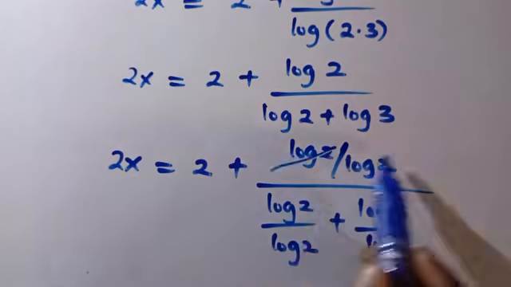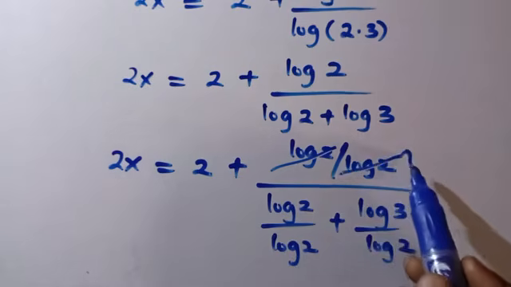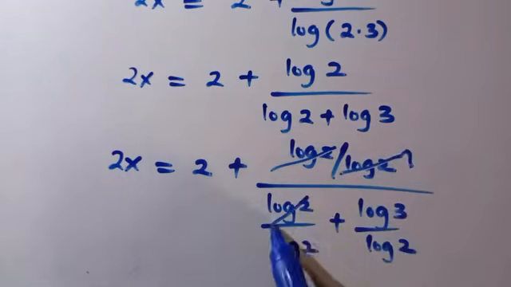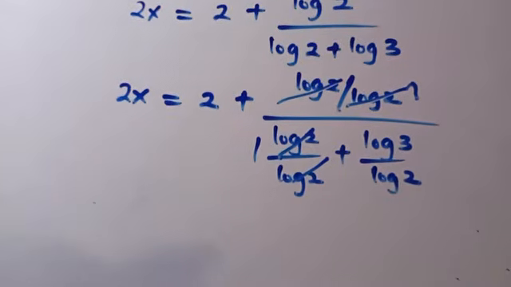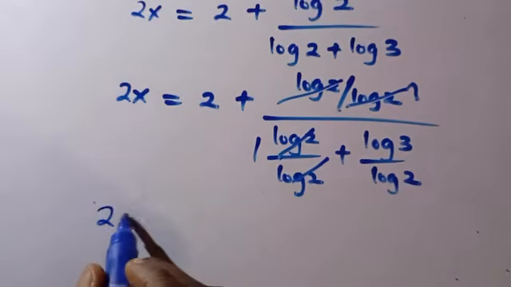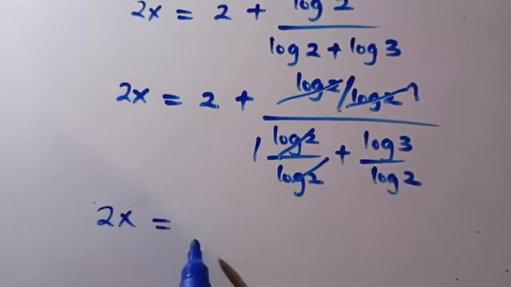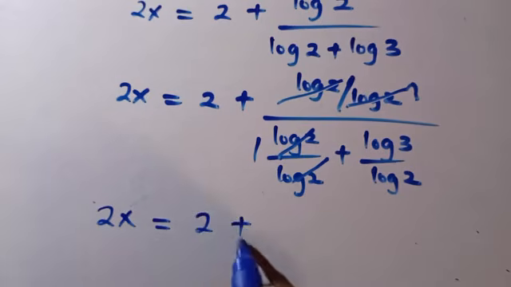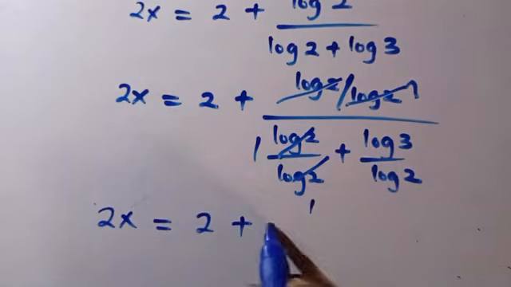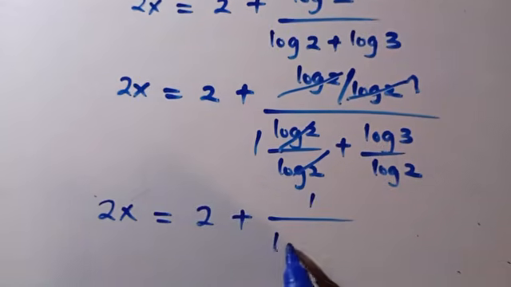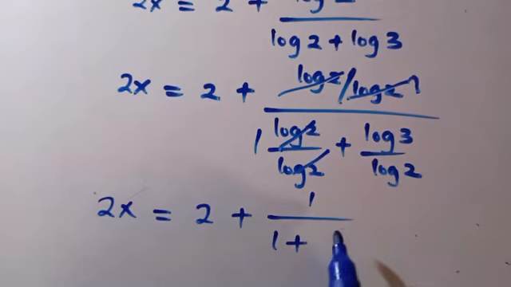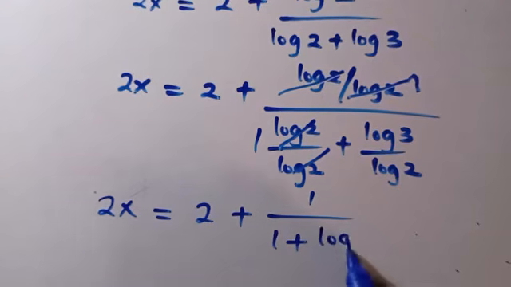Here log 2 cancels log 2, we have 1, and also log 2 cancels log 2, we have 1. Then we can see this expression as 2x equals 2 plus 1 divided by 1 plus log 3 divided by log 2.